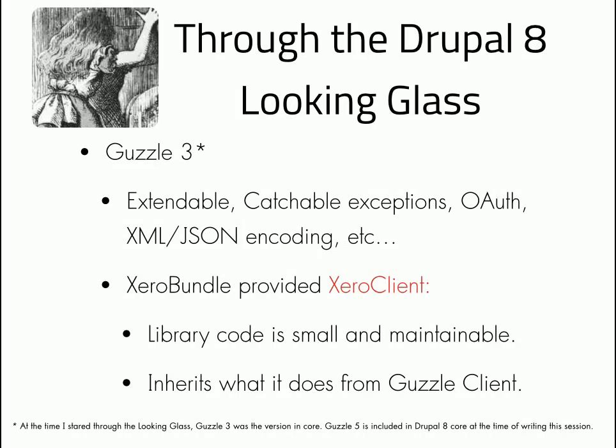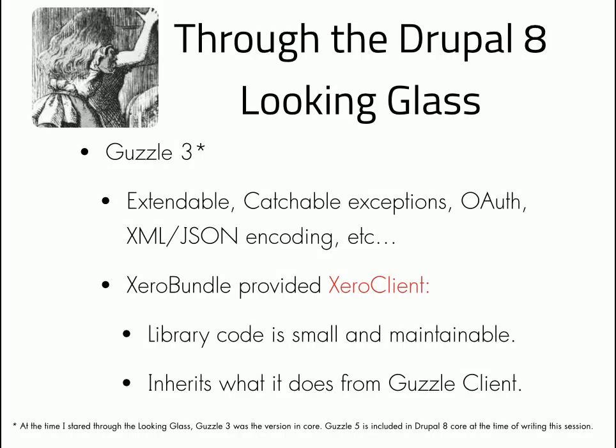So we had Guzzle 3 included in Drupal core, and that's awesome. We've replaced the procedural Drupal HTTP request with Guzzle, and I don't have to use that crazy PHP library anymore with its own request header and query argument parsing. Guzzle is extendable.